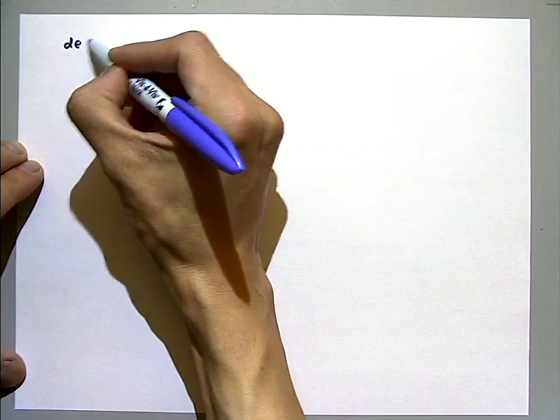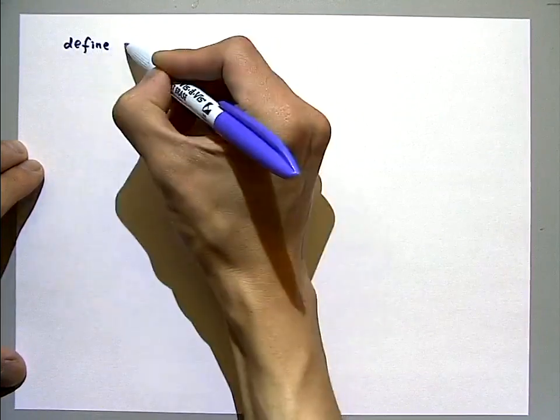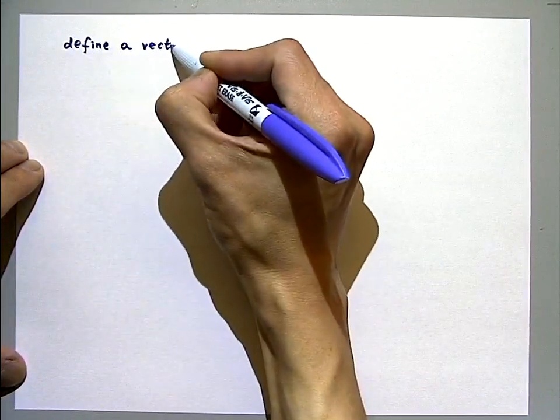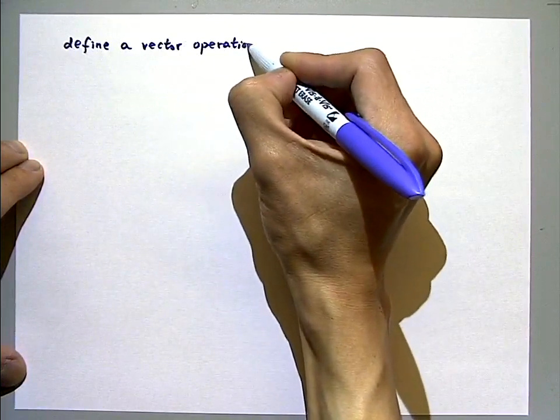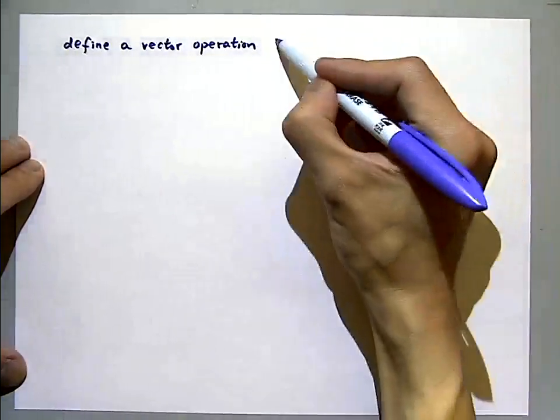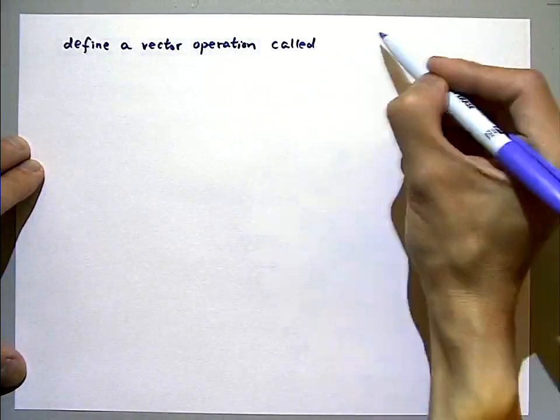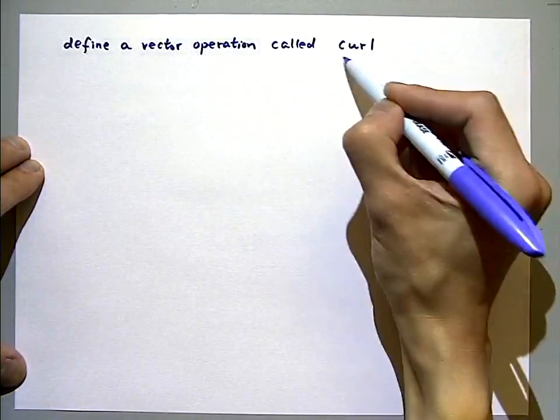Okay, now we're going to do more with this del operator. We're going to define a new operation. We'll call that the curl.